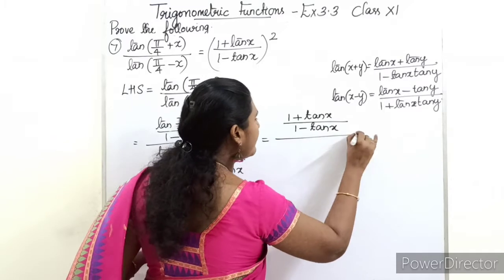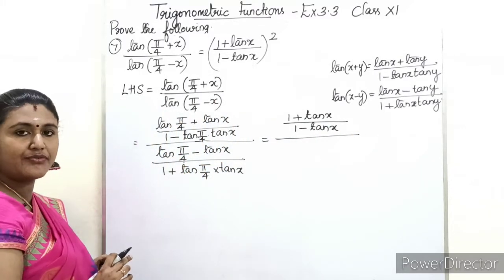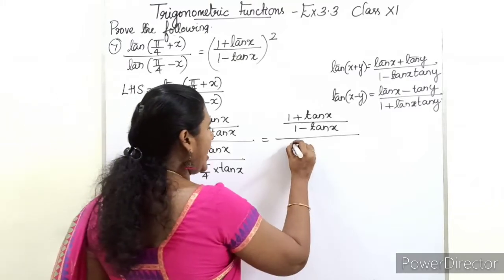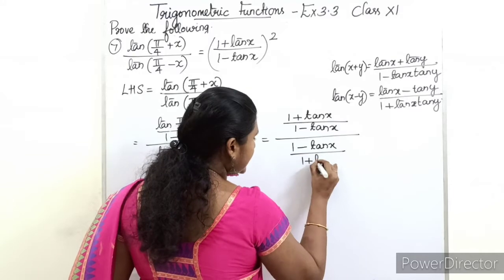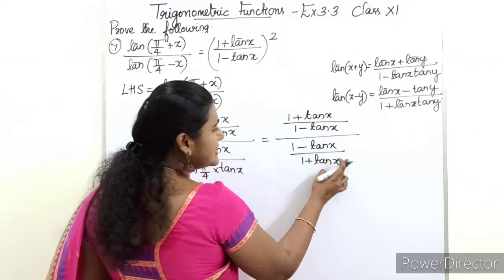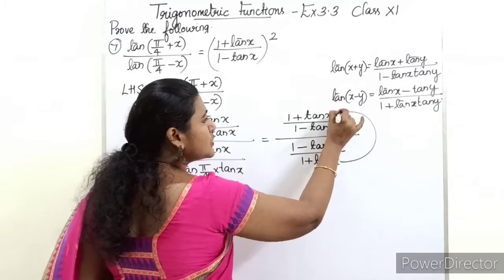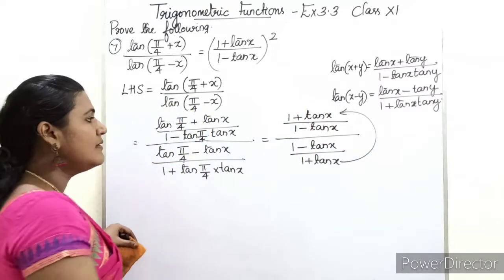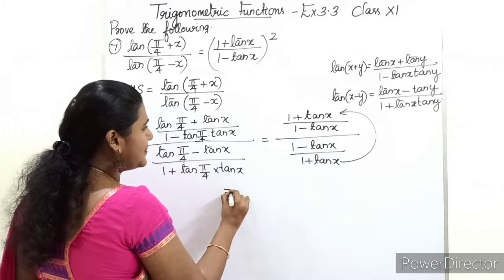Okay, the whole divided by, in this denominator also, in the place of tan pi by 4 we will substitute 1. So 1 minus tan x divided by 1 plus tan x. Now you see, this term is in the denominator, so it will go to the numerator, and these two terms are in the numerator, so they will come to the denominator position.